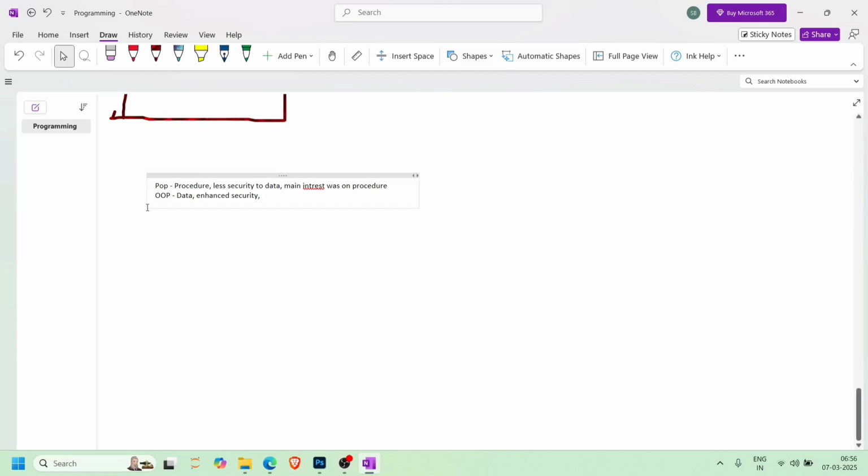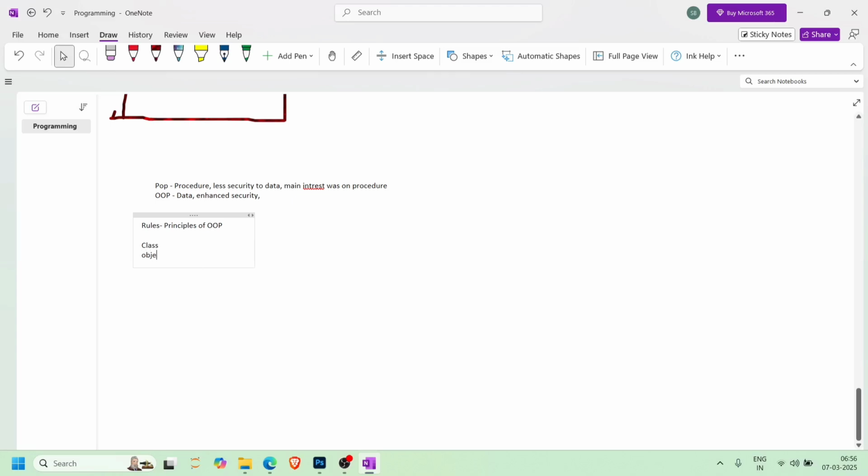So whenever we say a program is an object oriented program, it has to follow some rules or properties, or we can say some principles of object oriented programming. So what are the basic principles of object oriented programming?